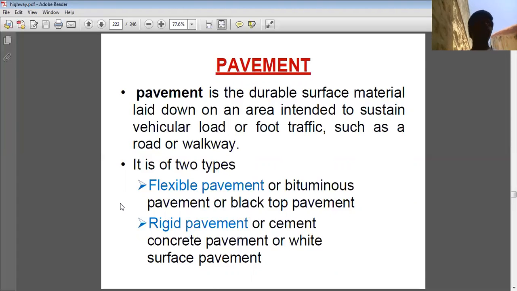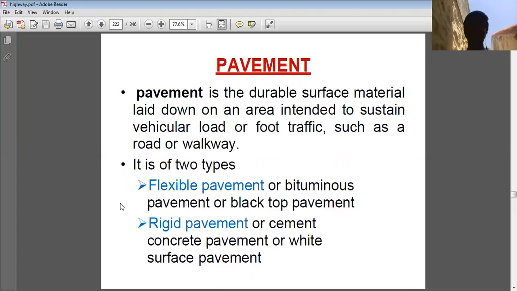We have to protect that layer, and that is nothing but pavement. In a walkway we provide pavement materials, and in a road also we have to provide pavement material that sustains the load of the vehicles.